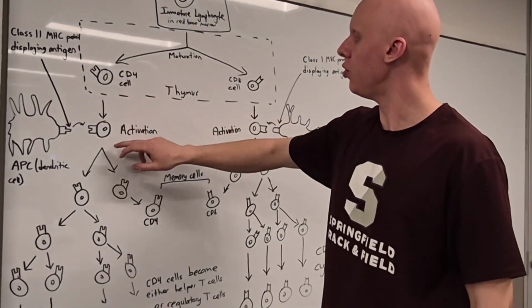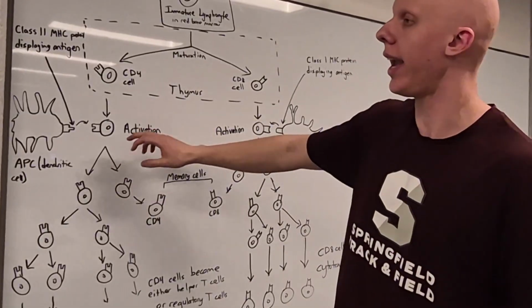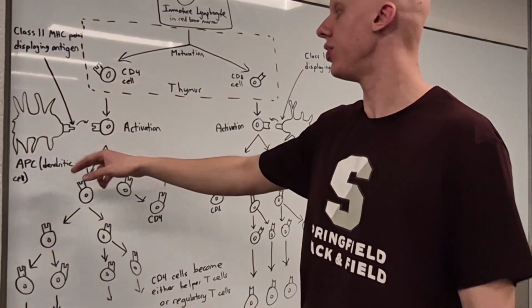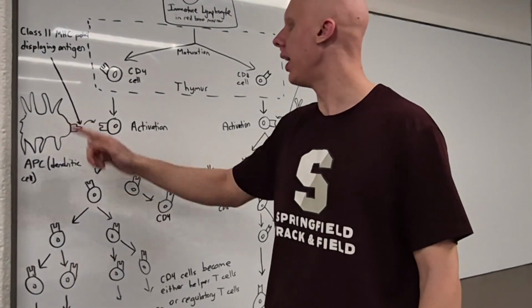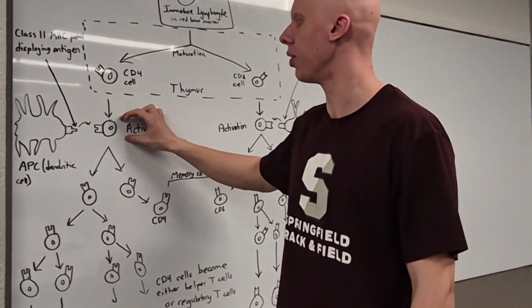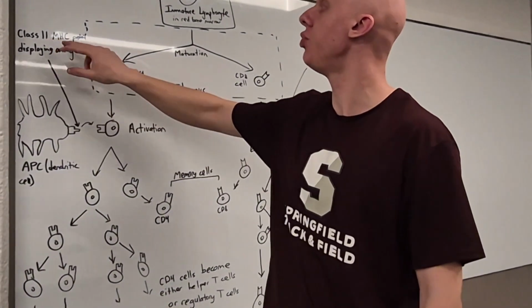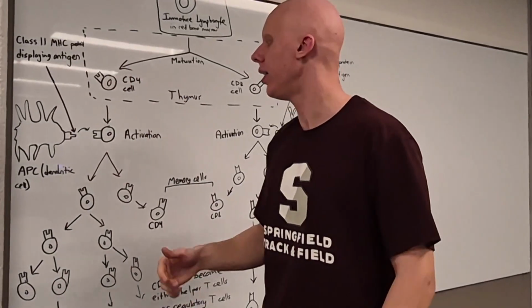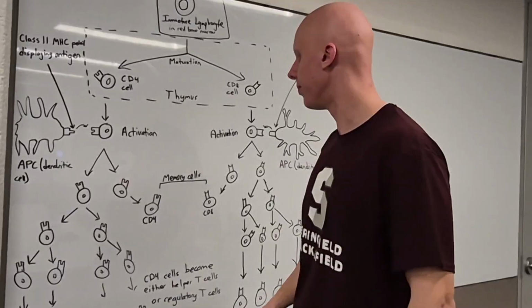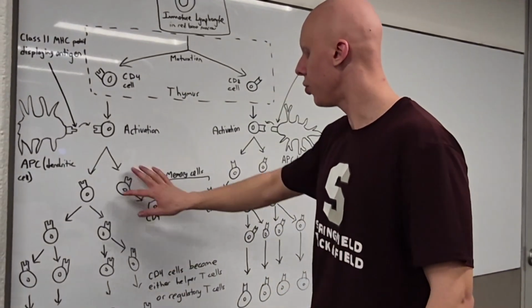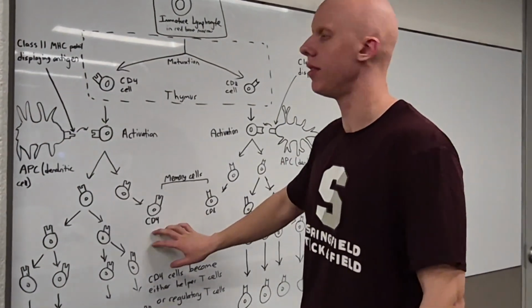Now this is going to be activated when an antigen presenting cell, in this case it's just a dendritic cell, binds with a CD4 cell with a class II MHC protein displaying the antigen of the bacteria. Then you divide more and you create a memory CD4 cell.